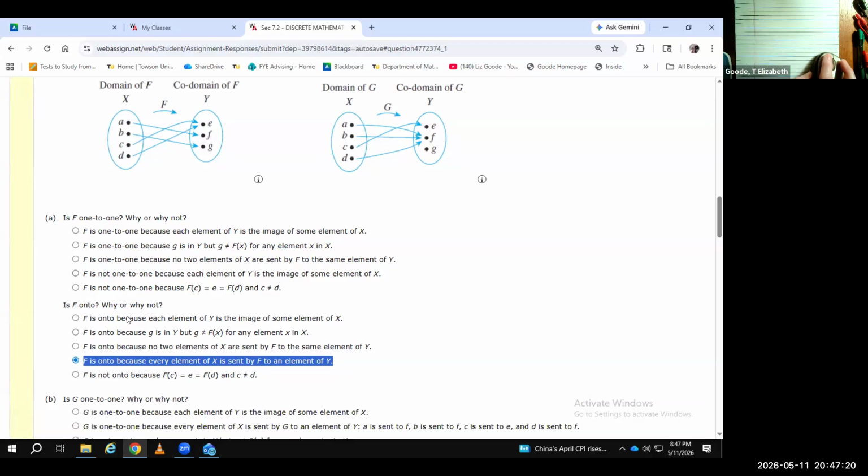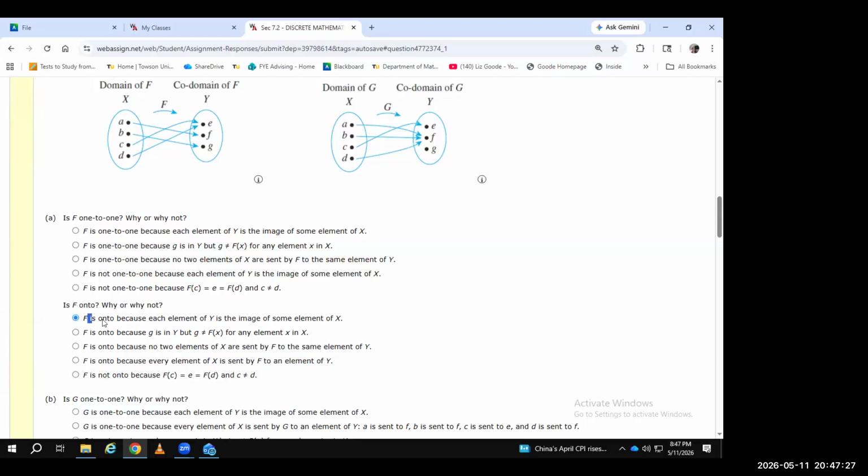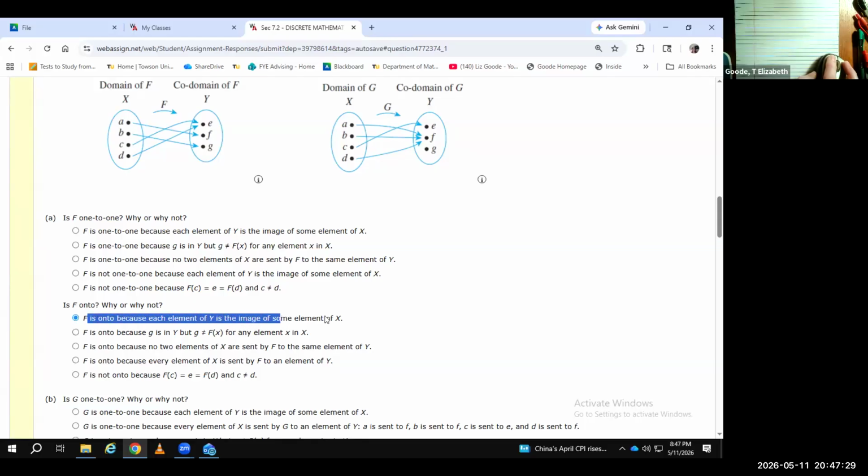That is why f is a function, but that's not why it's onto. It's onto because every element of Y is hit by an arrow. And the way we say that is every element of Y is the image of some element of X.